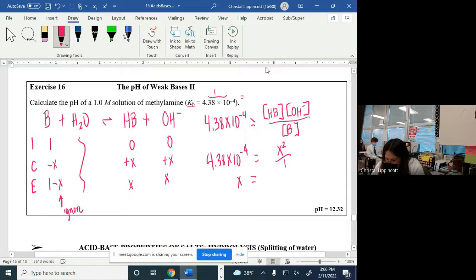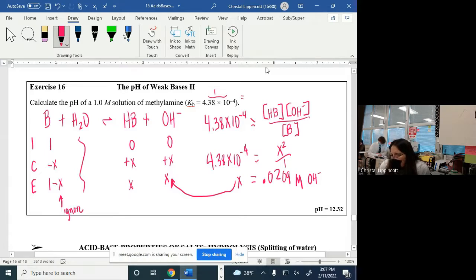I'm going to take the square root of that. So x is going to equal 0.0209, and that's molar OH minus, because remember, that's what x is, right?